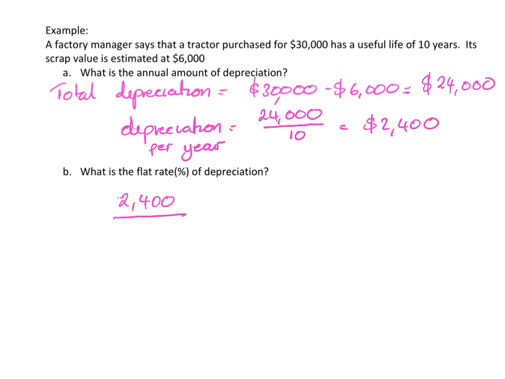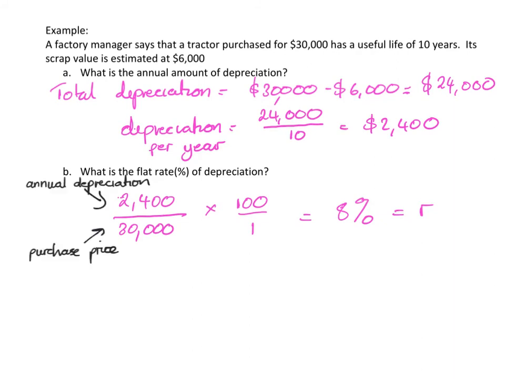The original price was $30,000. And then we are going to times it by 100 because we want it as a percentage, or 100 over 1. And when you work that out, that comes out to be 8%. So that is what your R is equal to.